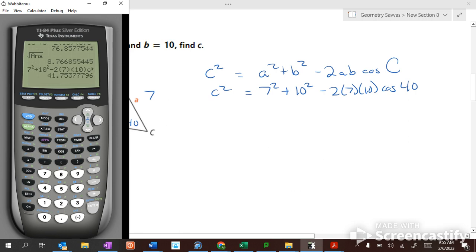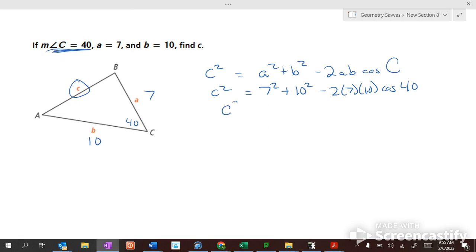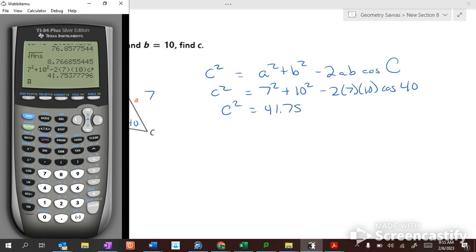You hit the answer, and C squared equals 41.75. But that's what C squared is, not what C is. To find C, you go second square root, second answer, and you have this same button on your calculators, this minus sign down here that says answer above it.